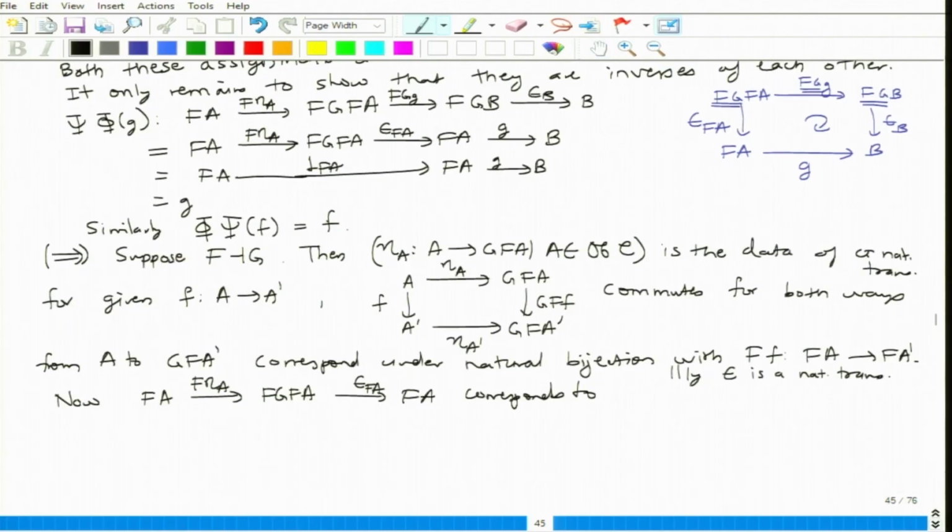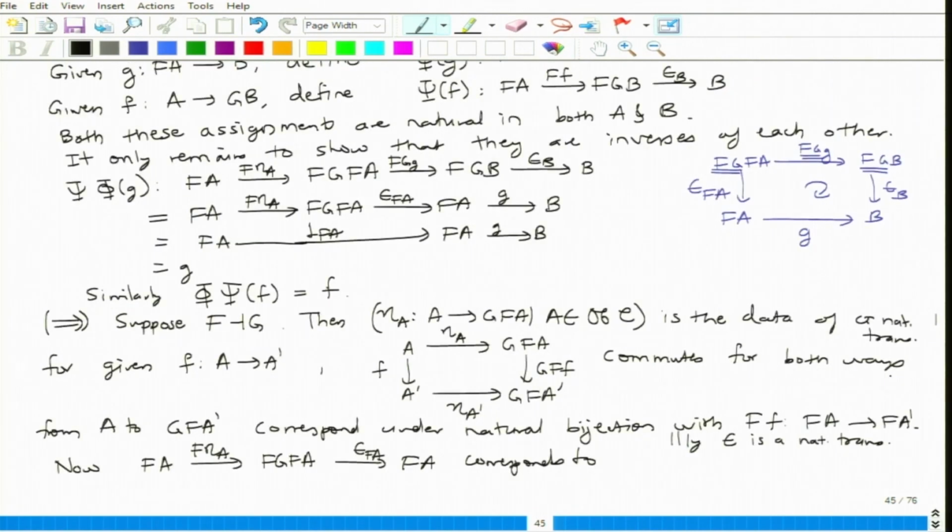So now we are given this particular composition. What does it correspond to? Whenever we have an epsilon, then look at this psi f. What will it correspond to? Look at psi f. Ff followed by? But what is that little f? That's what I'm asking. In this particular composition, little f is eta sub a. So this corresponds to what?